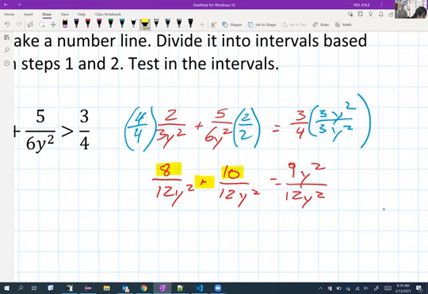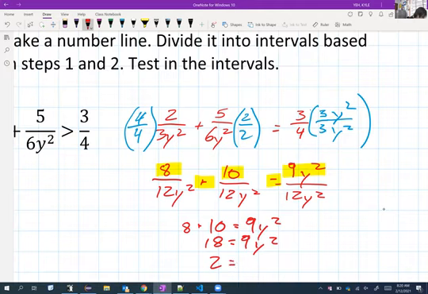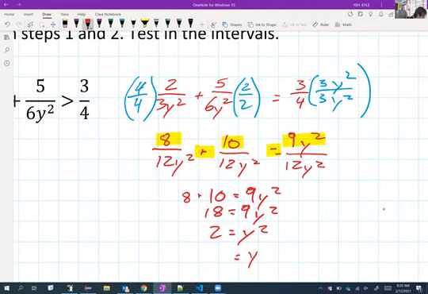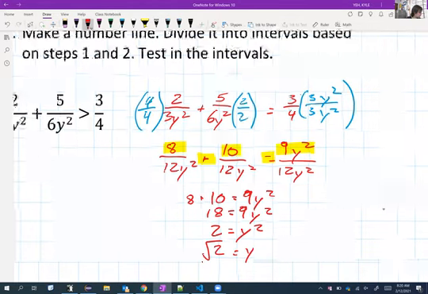Now that the denominators match, we can just say that 8 plus 10 equals 9y squared. 18 equals 9y squared. Divide by 9 on both sides. 2 equals y squared. y is going to be the square root of 2.